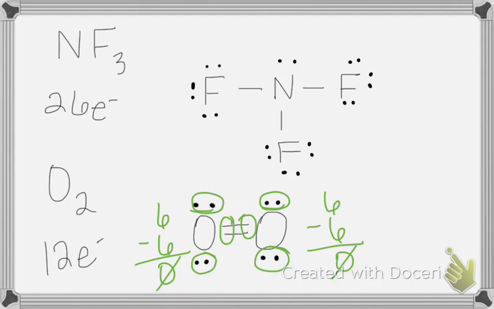Let's look at the one right above it, the NF3. How many valence electrons should a fluorine have? Do you guys see that the periodic table says every fluorine should have 7? Yeah? How many should a nitrogen have? It should have 5.